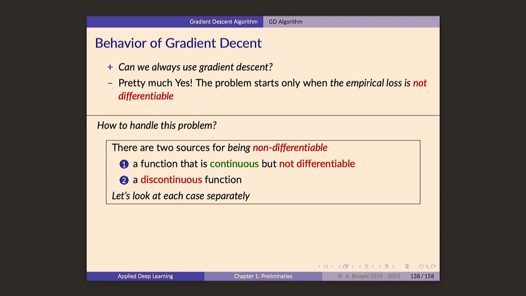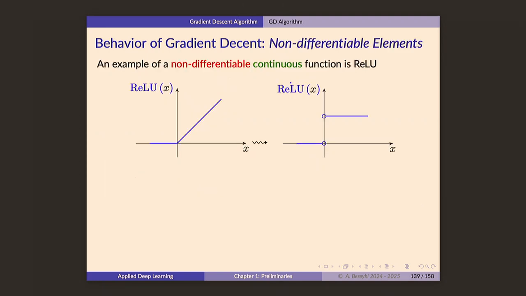If I compute the derivative from one side, it's going to be 1. From the other side, it's 0. So it doesn't really have a derivative. Or my function could be discontinuous, like a step function. When I get to 0, I just fall out of the function, right? So it's not continuous. I cannot always move on that. So this is the issue with this function.